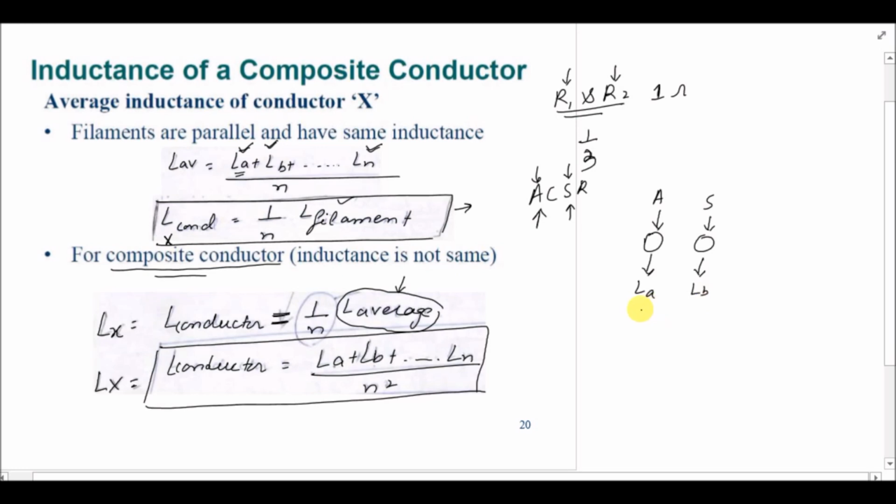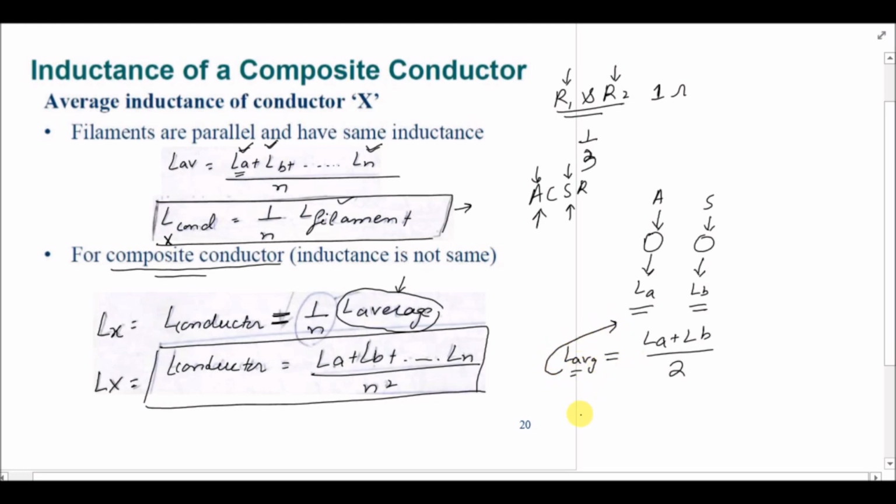rather than calculating each inductance individually and then finding the parallel combination of those, we just find the L average.